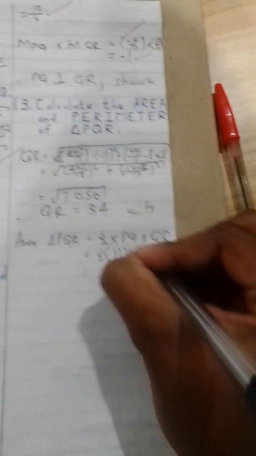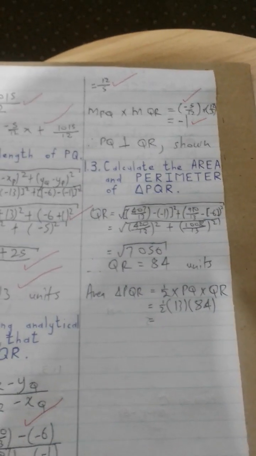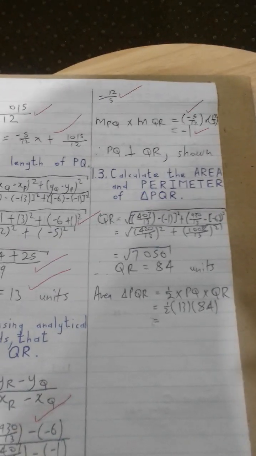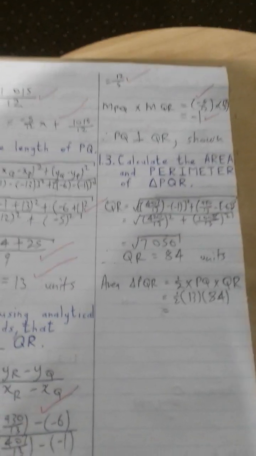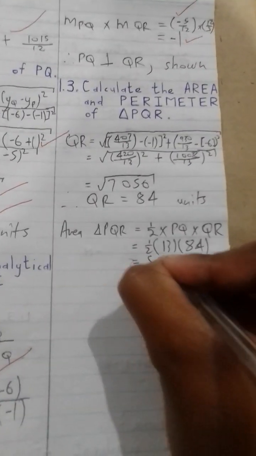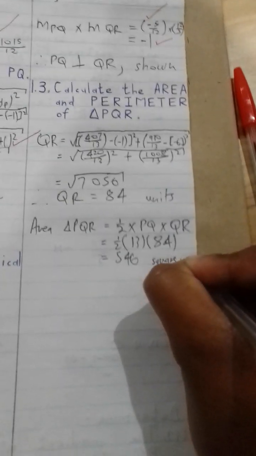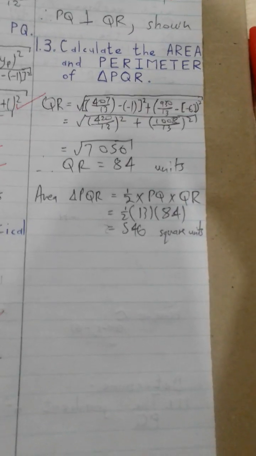QR is 84 units. The answer is 546 square units. That's simply for the area, right?